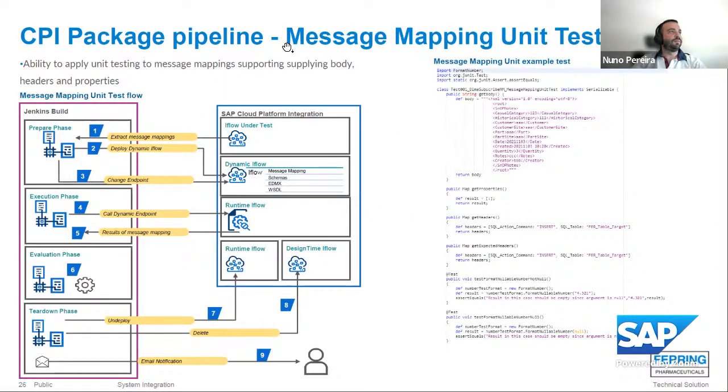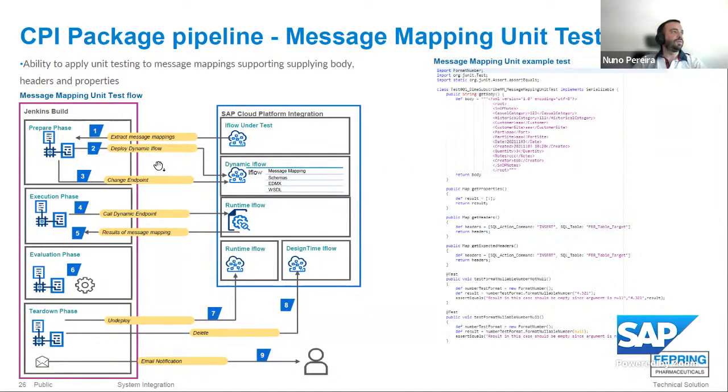The more tricky one was testing message mappings. We thought this is the most critical part of the integration flows that we had, and there was nothing available to really do message mapping unit testing in an automated fashion. So in case we find a message mapping with a specific naming guideline, we know we have some setup to do.